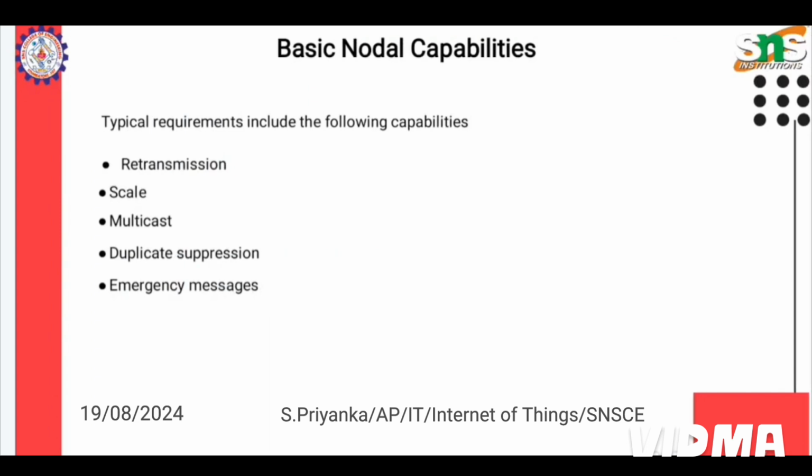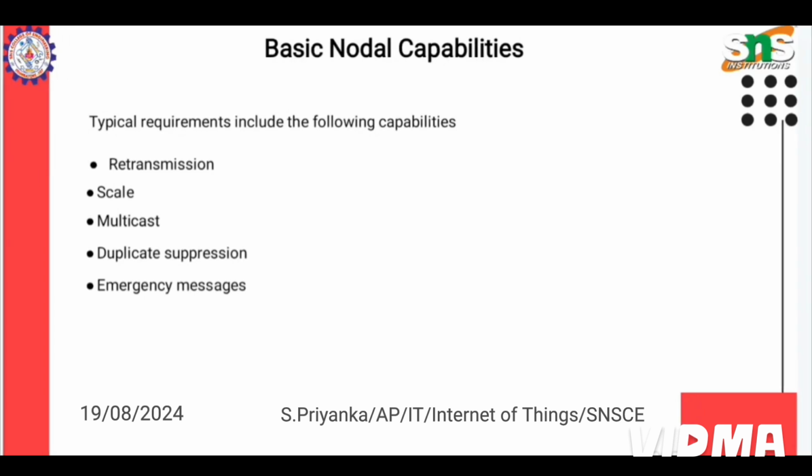Next come the typical requirements included in the following capabilities: retransmission, scale, multicast, duplicate suppression, and emergency message. Let's see each one in detail. Retransmission mainly includes the network recovering from packet loss or information loss.